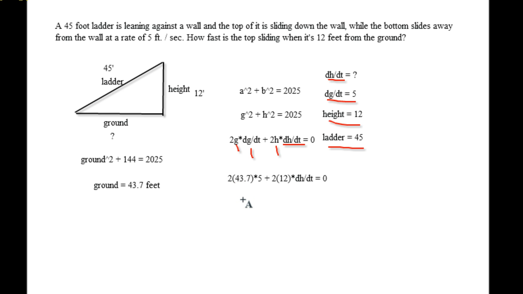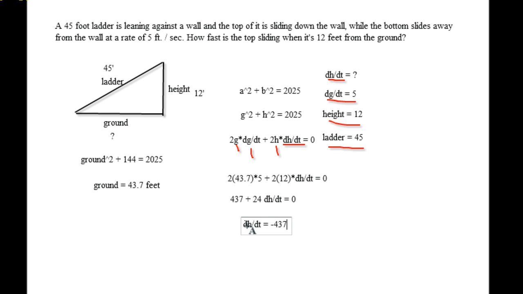If we do the calculations, we get 2 times 43.7 times 5. Well, that's pretty simple. That's going to be 437 plus 24 dh/dt equals 0. When I simplify everything down, it should be dh/dt equals negative 437 divided by 24.